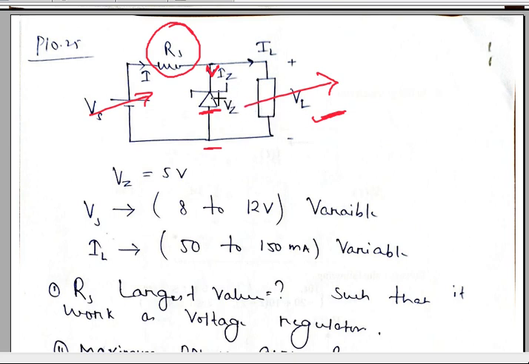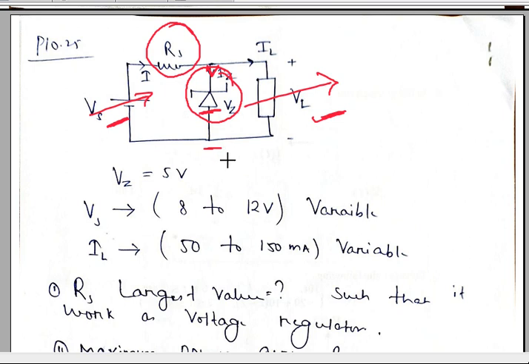So we need to make sure that this Zener diode is getting the minimum current in all conditions, even though the source is changing, even though the load current across this terminal is minimum or maximum, don't care. The circuit should work in the worst possible case, that is, in the worst possible case this Zener diode should get the minimum value of current, then only it will act as a voltage regulator device.